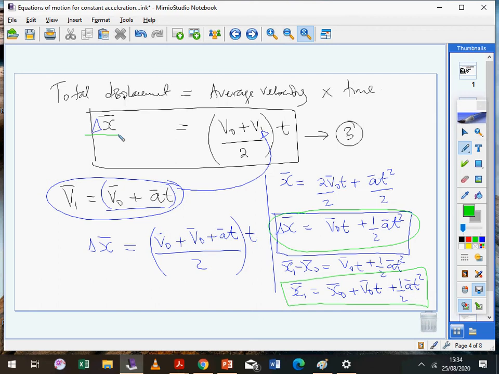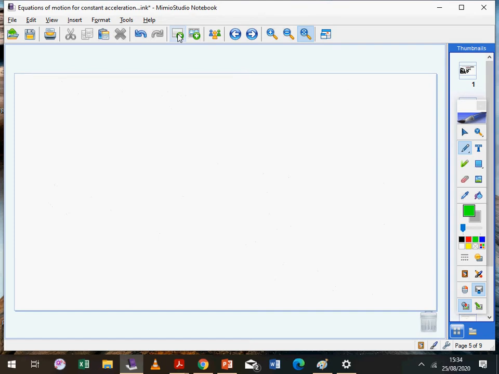Alright, so there's one other form of equation. From this equation, that v1, final velocity, equals initial velocity plus at, we can again rearrange it in a different way.